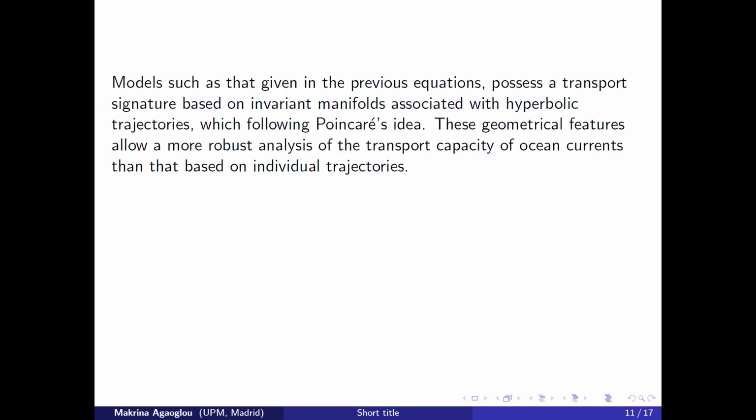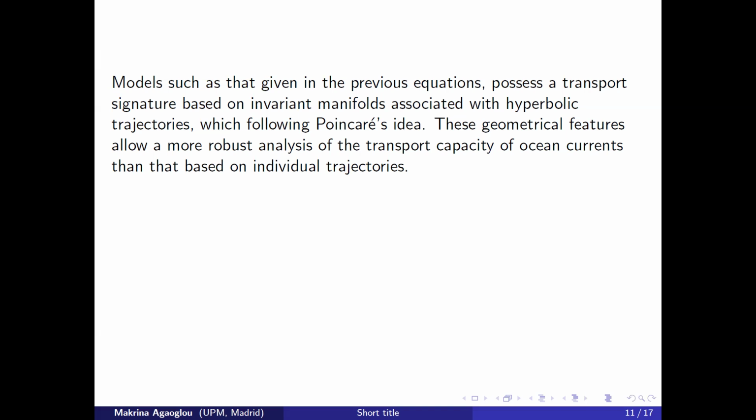So dynamical models, such as the one that I talked about before, possess a transport signature based on invariant manifolds associated with hyperbolic trajectories, which, following Poincaré's idea, constitute geometrical structures on the ocean surface that organize particles schematically by regions corresponding to qualitatively different types of trajectories.